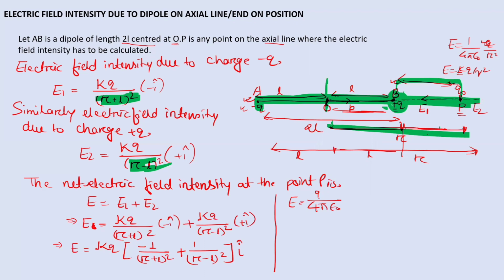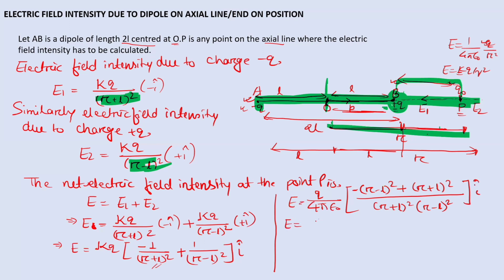Okay, the charge Q is here. Now we will do the basic derivation, okay, simplification. So if you see here, we will take the LCM. So it is R plus L whole square, and this is R minus L whole square. So if you will take, this will be a negative sign. This is R minus L whole square, right? Because you are having here R plus L whole square. So this is what you are getting.